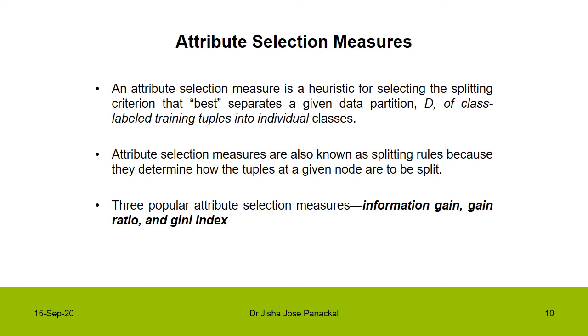These measures are also known as splitting rules because they determine how the tuples at a given node are to be split. There are different attribute selection measures, and some of the popularly used ones include information gain, gain ratio, and Gini index.